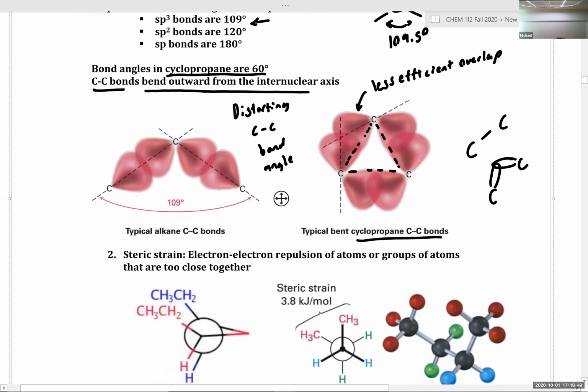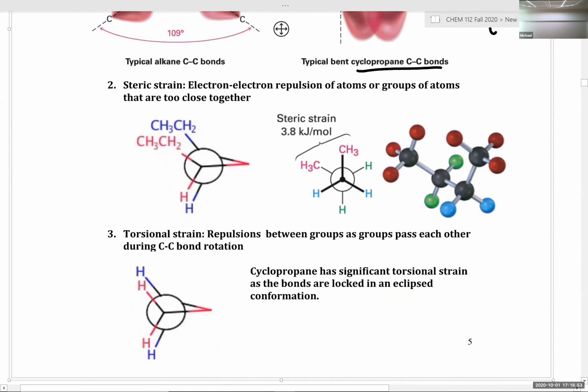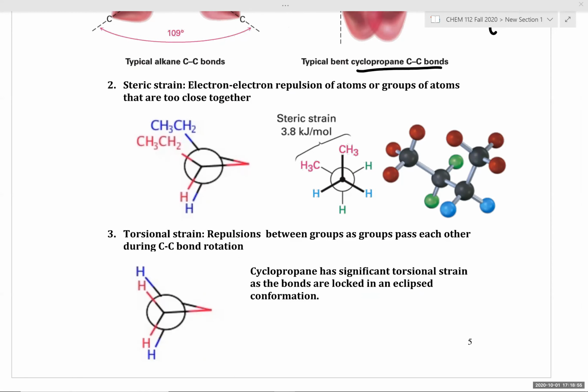Now, cyclopropanes are also unstable because they have significant amounts of steric and torsional strain, and this is really what kills cyclopropanes. The steric strain is electron-electron repulsion of atoms or groups of atoms that are too close together.